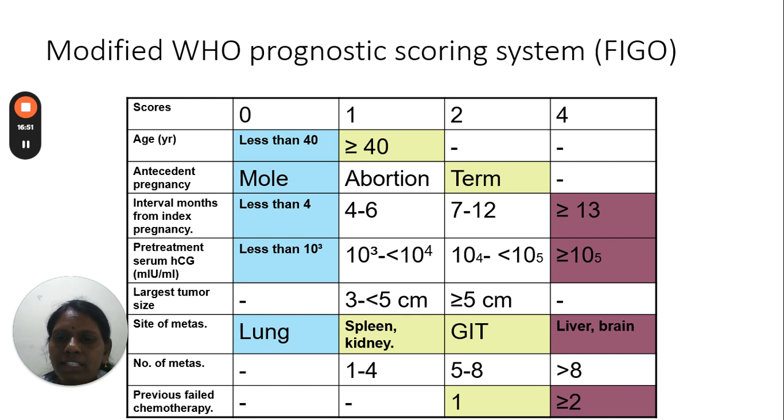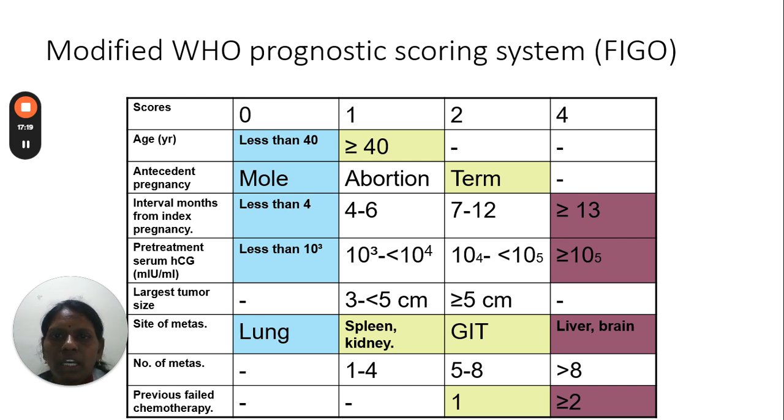Site of metastasis: lung 0, spleen and kidney 1, GIT 2, liver and brain 4. Number of metastases: 1 to 4 scores 1, 5 to 8 scores 2, more than 8 scores 4. Previous failed chemotherapy with 1 drug scores 2, 2 or more failed chemotherapies score 4.